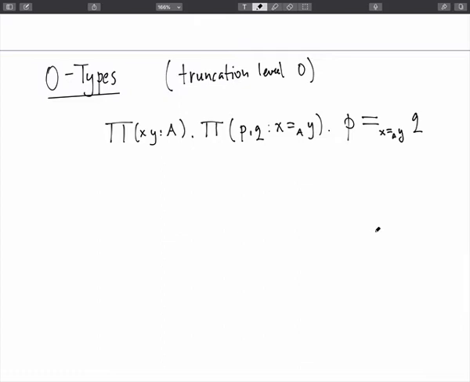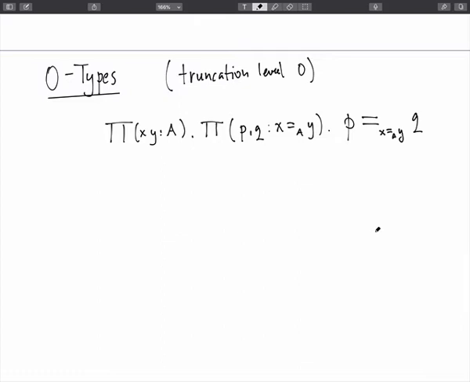What does this say? For any two points, the path space is a proposition. So it could definitely happen that I take x and y, and there are no paths between them. Then the space of paths from x to y will be empty, and that's okay.